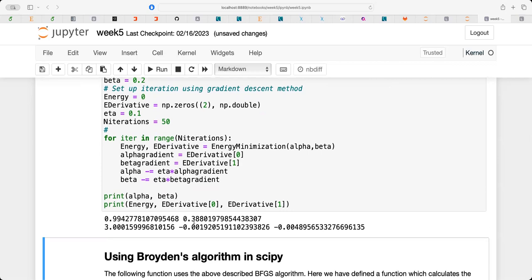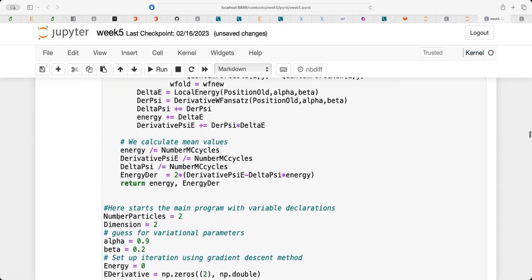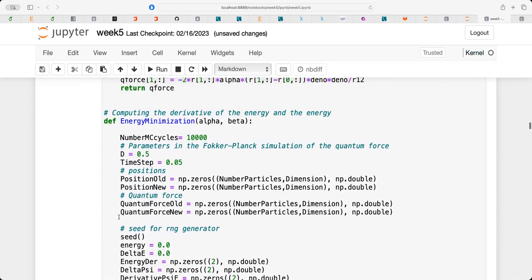But what you see now, if this defines your level of numerical happiness, then you have the optimal alpha and beta. If you note what we have here, we have used only 10,000 iterations, instead of running 1 million, as we had in the cases before, for each value of alpha and beta, and I had 10 values for each.